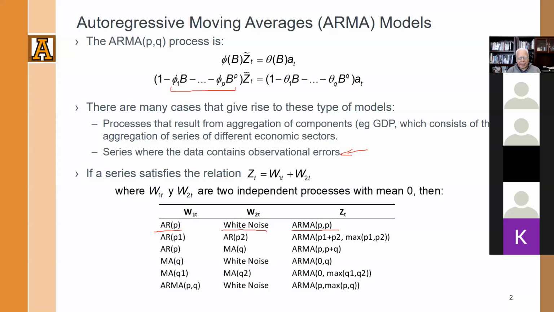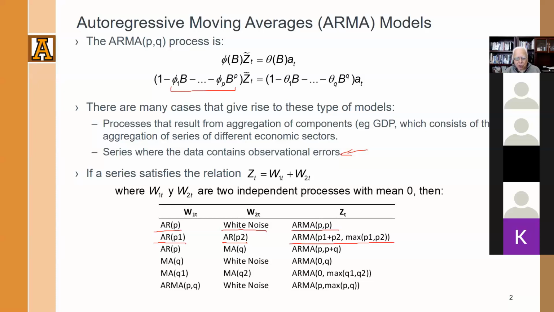If we have an AR(p1) and an AR(p2) process, then the sum of two autoregressive processes of order p1 and p2 will be an ARMA with p equal to p1 plus p2 and q equal to the maximum of p1 and p2.